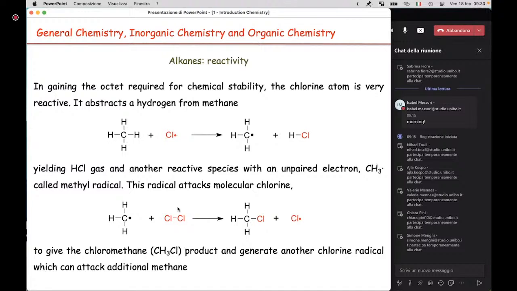So this is a very, very dangerous reaction, also because at the end of the reaction, we have regenerated the starting chlorine radical, which is ready to react again. So this is a reaction that can go on indefinitely, chlorinating thousands and thousands and thousands of molecules.